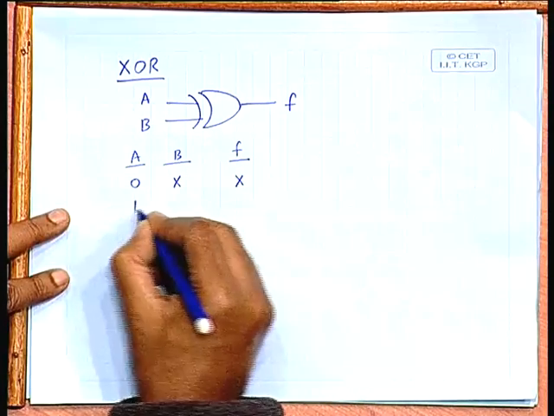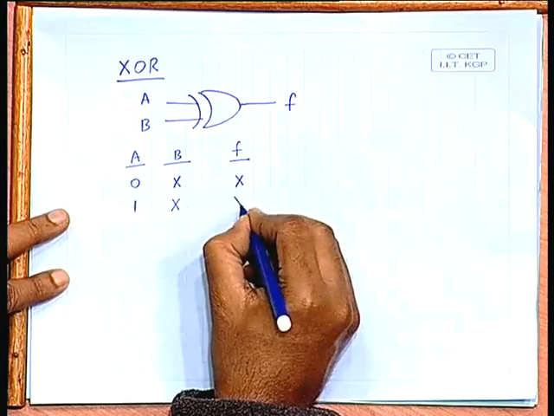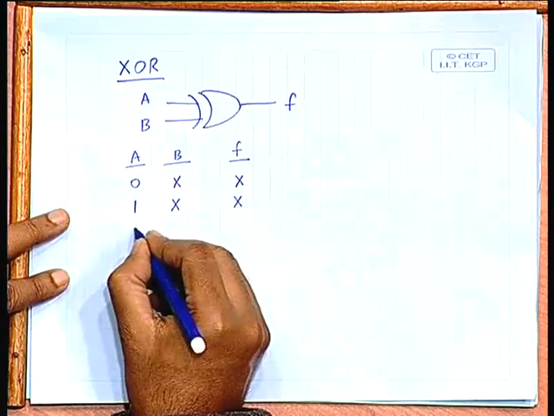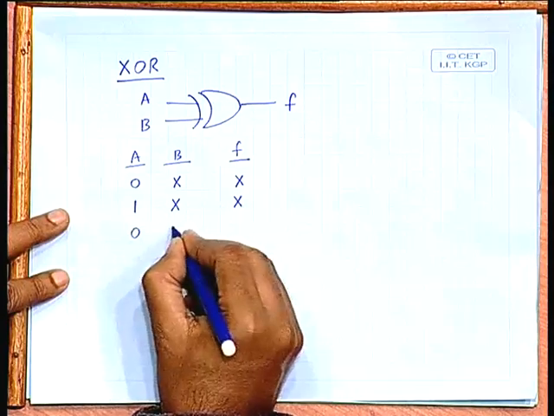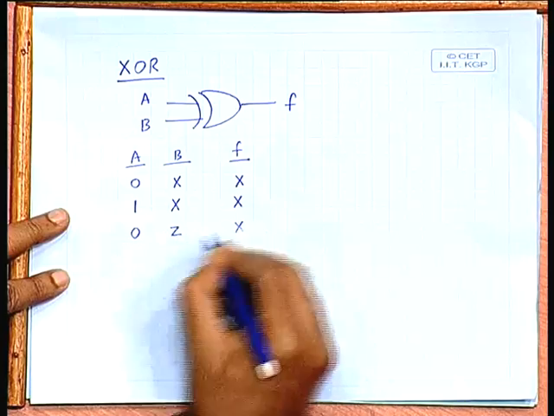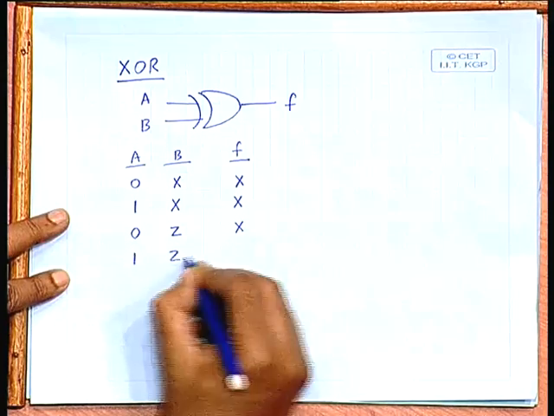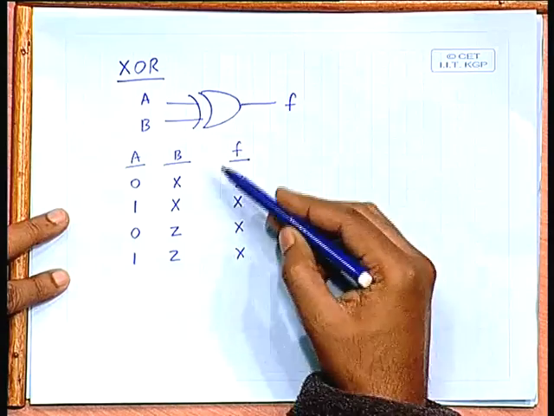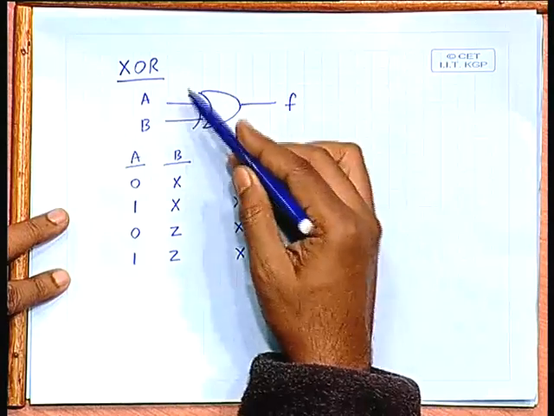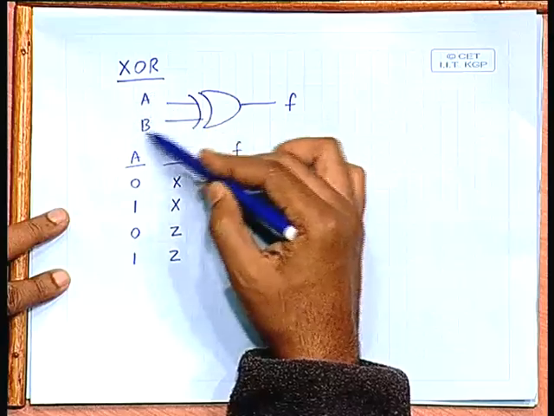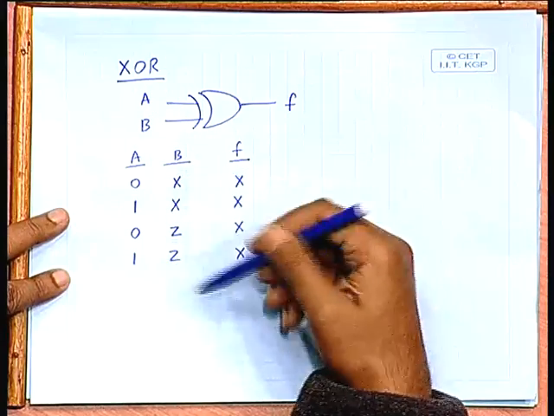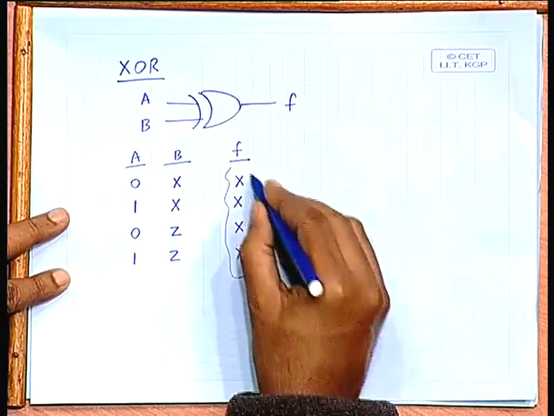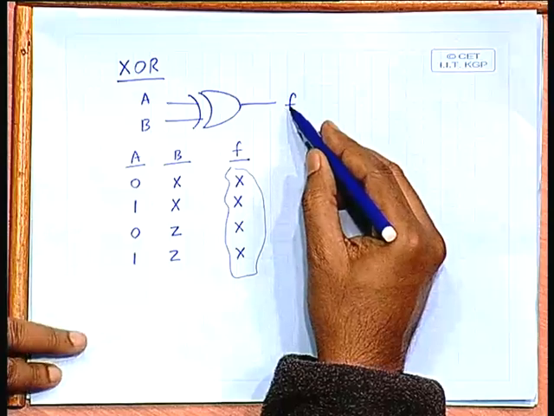If one input is 1 and the other input is unknown, the output will also be unknown. If one input is 0 and the other input is a tri-state, this will be unknown. 1, Z will also be unknown. So, XOR is one gate where, in addition to the 4 normal completely specified conditions, all other combinations lead to an undefined value in the output.